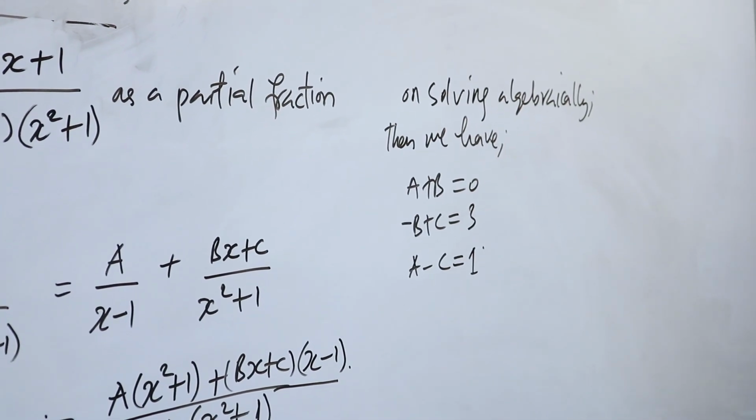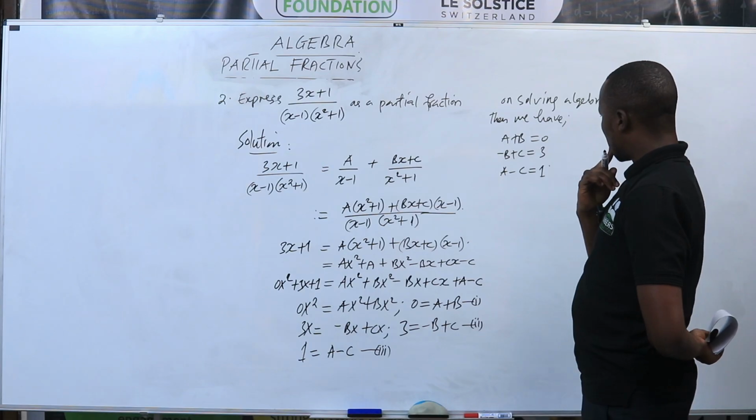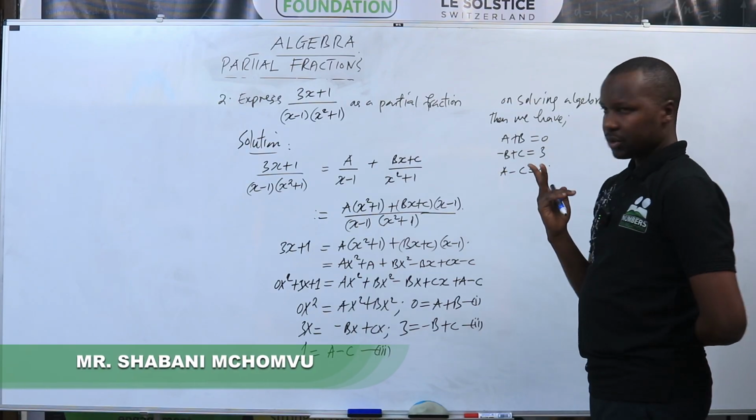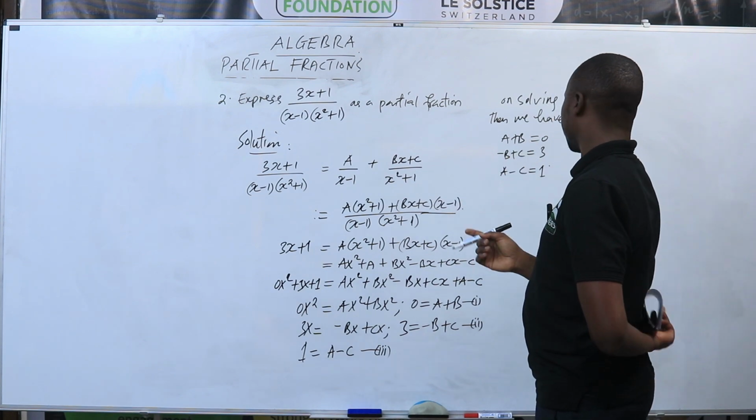So we find the possibility of solving now for the value of a, b, and c. How? It means we need to introduce one variable in terms of the other, so as we can remain with two variables as a technique of solving these equations algebraically.